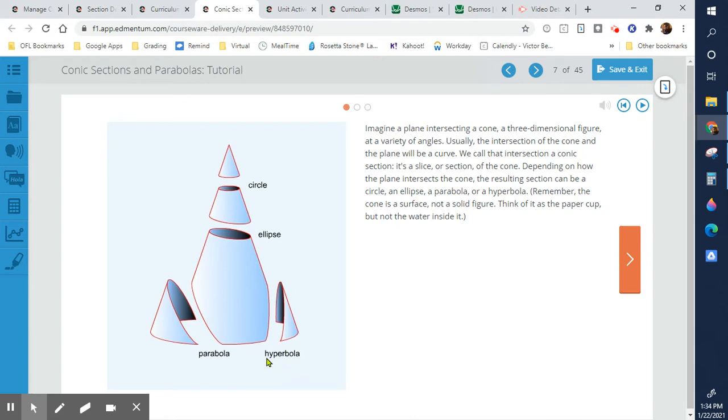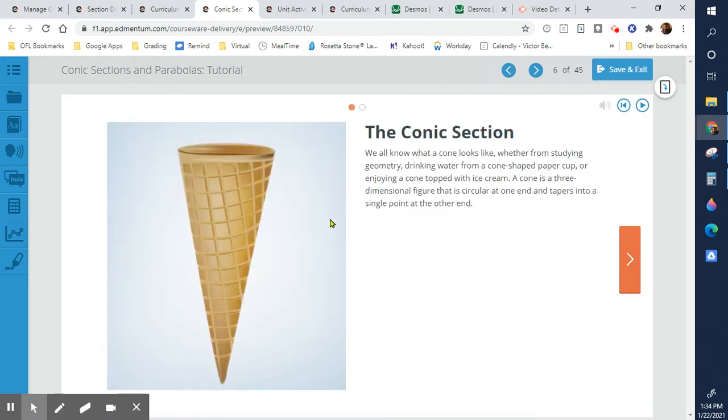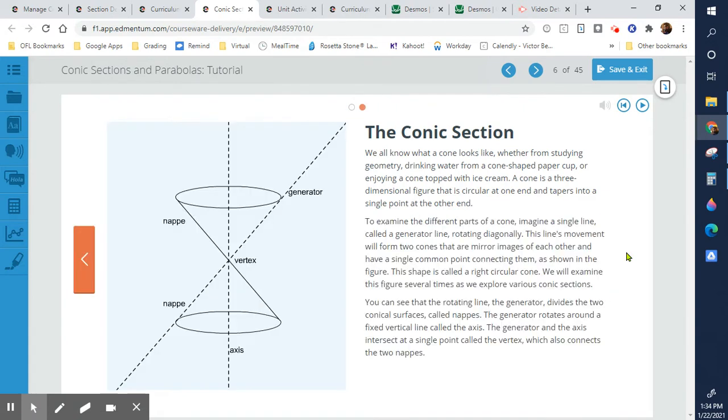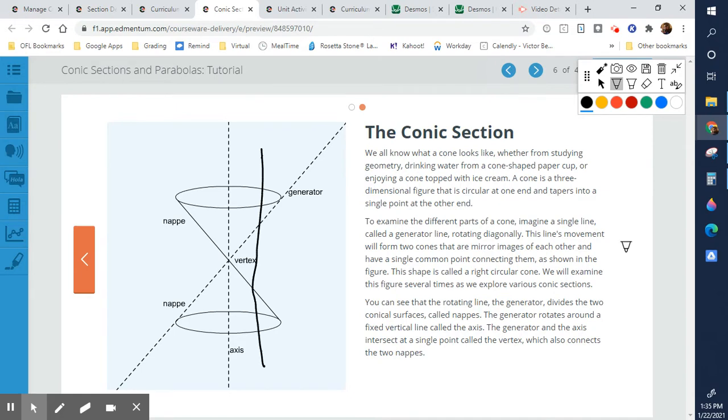I'm not the biggest fan of this picture. They should have done it with the double cone. Here, I'll show you. So if you look at a double cone and you cut it straight up and down, I'm not sure what they were thinking when they did this, but if you cut a straight line up and down, you kind of get this double parabola type thing that's known as a hyperbola.